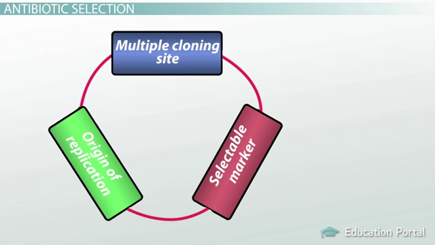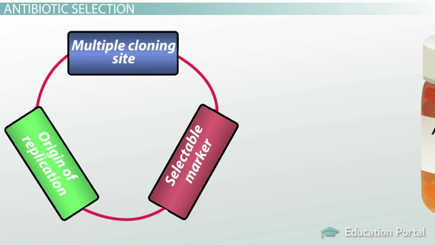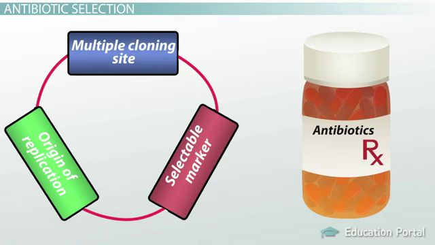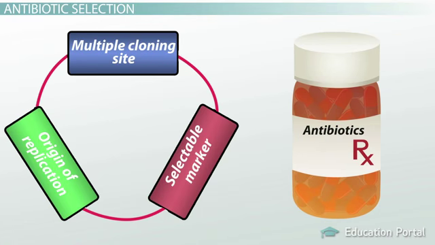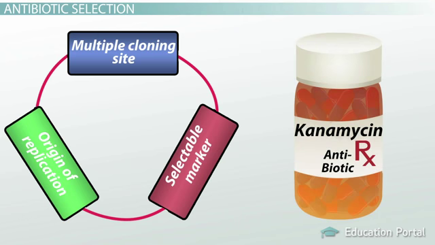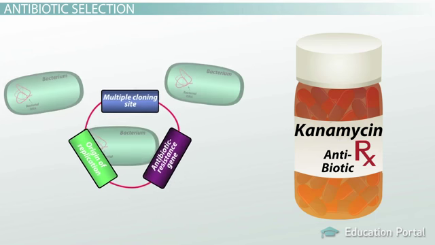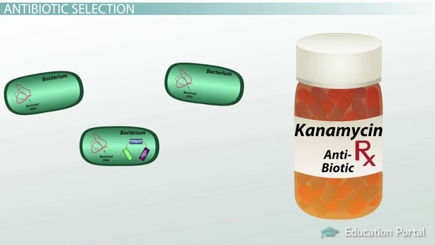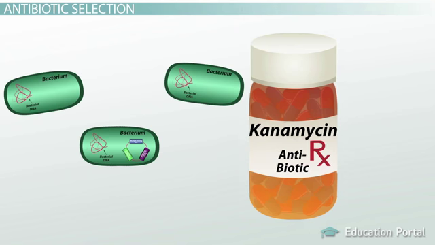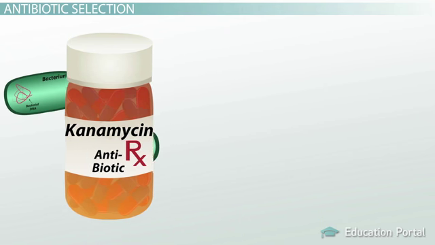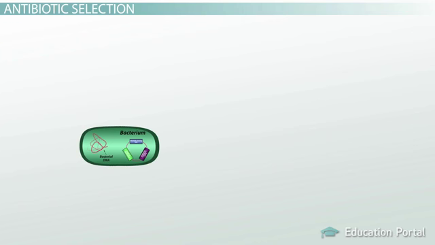When the host cell in a transformation experiment is bacterial, like E. coli, selection is achieved by using an antibiotic, such as kanamycin. Recall that our human insulin plasmid also contains an antibiotic resistance gene. That means that growing the bacterial cells in the presence of that specific antibiotic, let's say kanamycin, will select for the transformed cells.